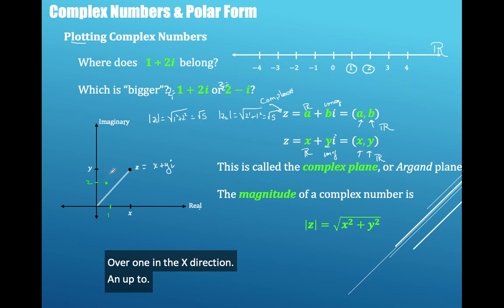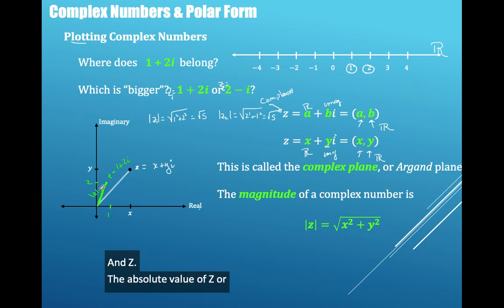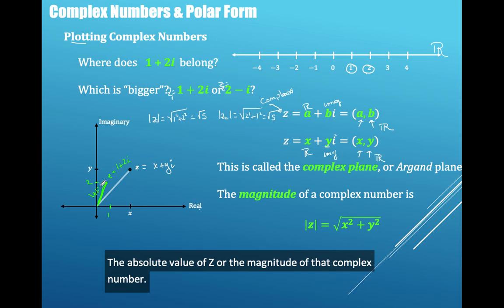That point is 1 plus 2i, and the absolute value of z, or the magnitude of that complex number, is the square root of 5.